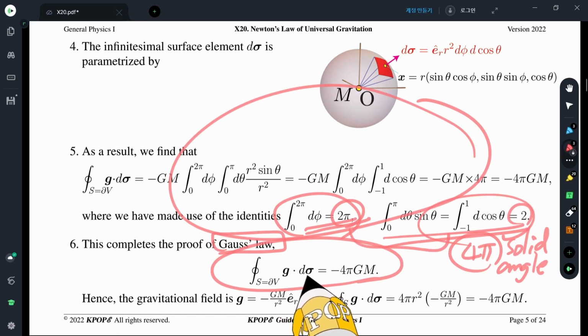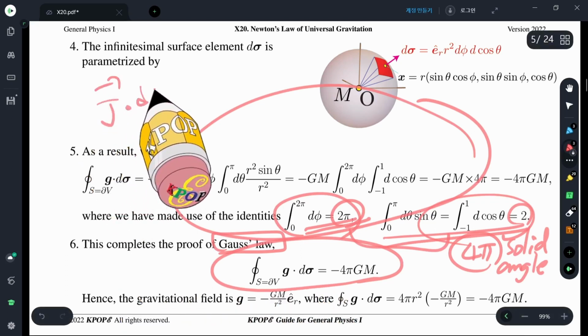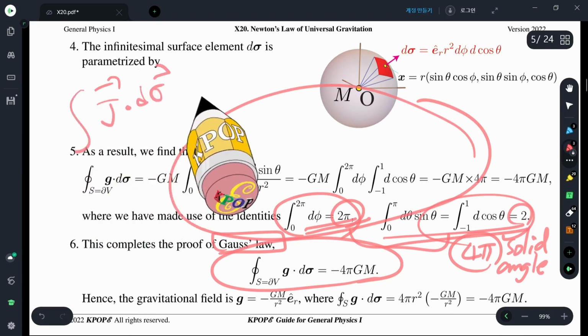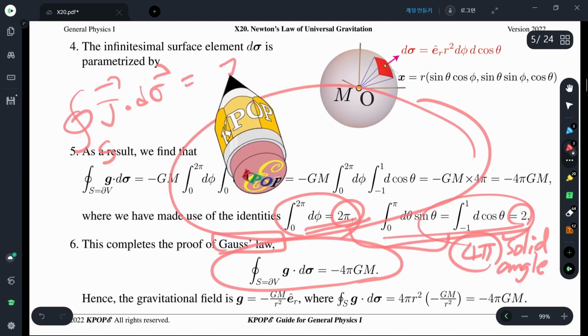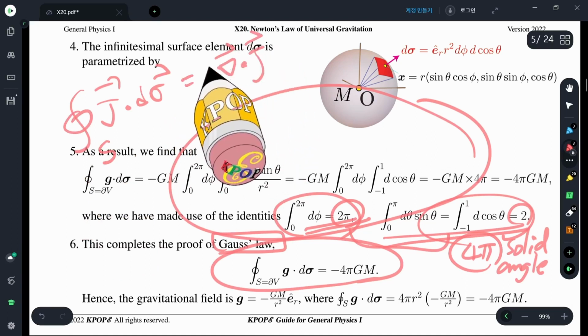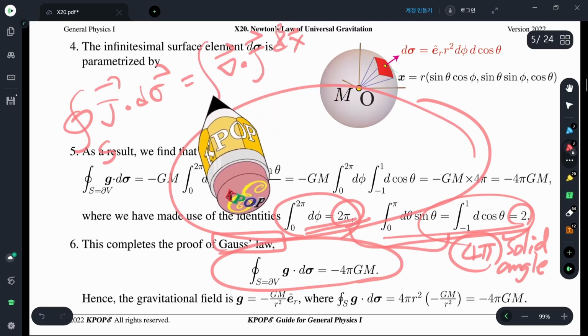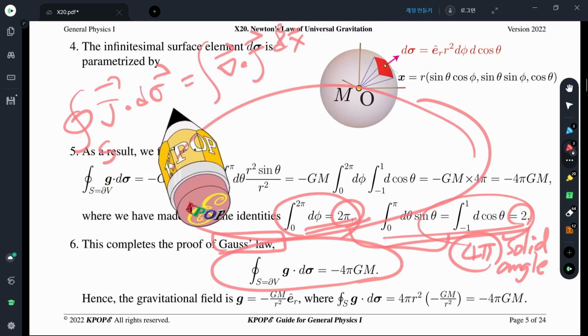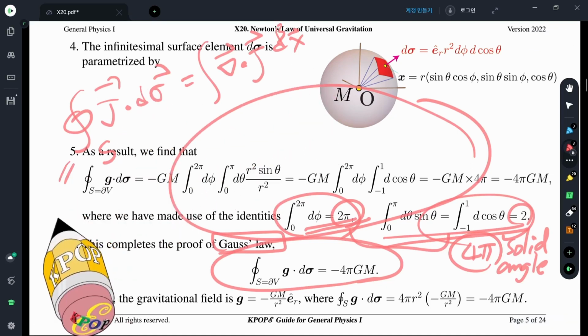Gravitational field flux, just like what we learned with J dot d sigma over a closed surface. It was the divergence of J, and this was the amount of mass coming out of the surface.